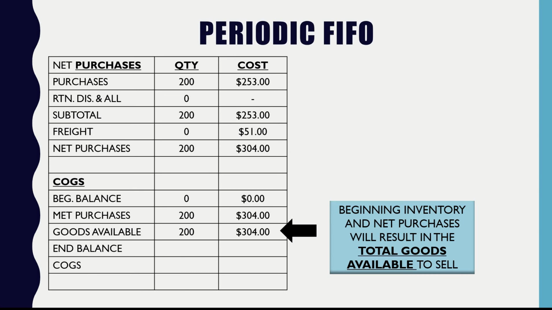In this case, I'm assuming I don't have beginning inventory, and my net purchases is what I just solved from right above. I carried that down to the net purchases section, and now I'm going to calculate my goods available, which is adding my net purchases to my beginning inventory. All right, so there we have it. That is my goods available. This is what I can sell to the public: I have 200 units available to sell.